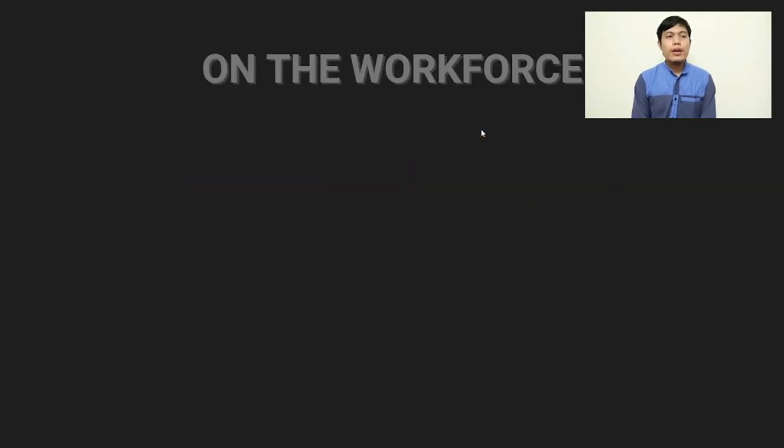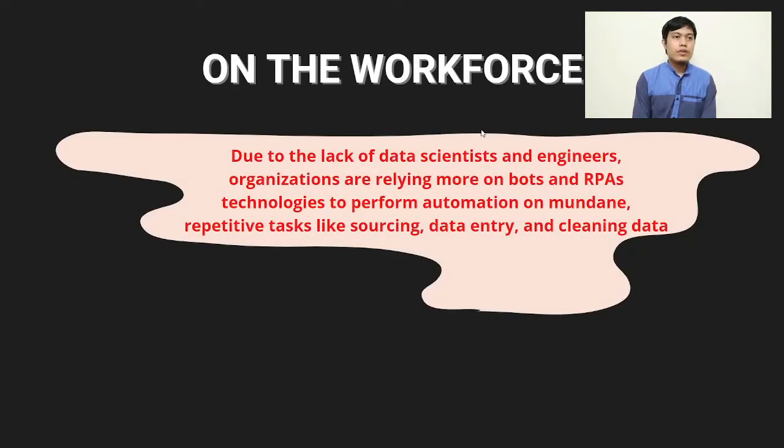Second, the impact of big data on the workforce. To control the huge data sets generated on the internet, there is a need to employ the services of skilled data scientists. There is a significant technical gap due to the lack of data scientists and engineers. Companies lack technical talent.